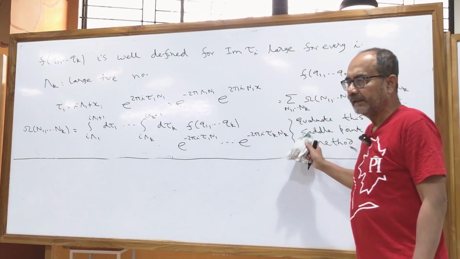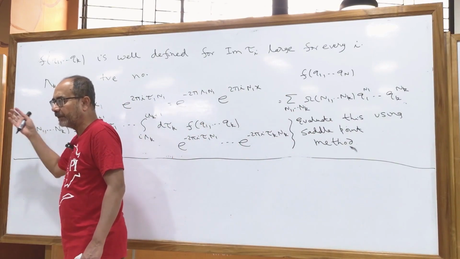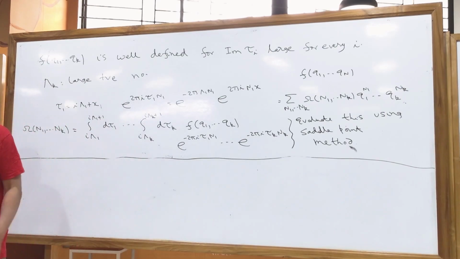And this is what is able to extract the behavior of omega for large n, which is what I need to compare with the black hole entropy.